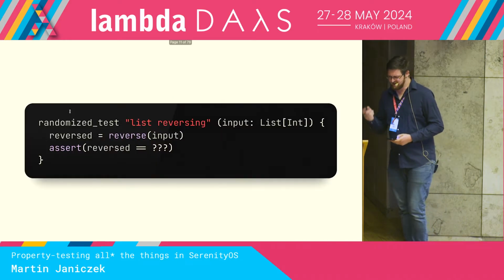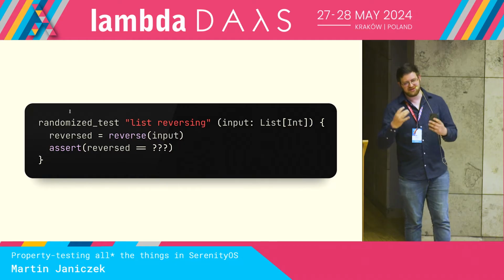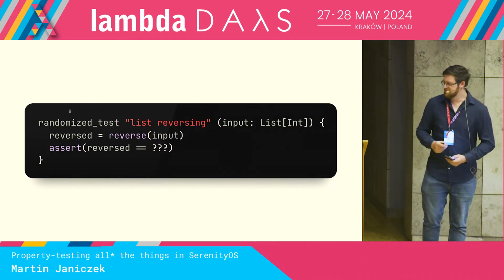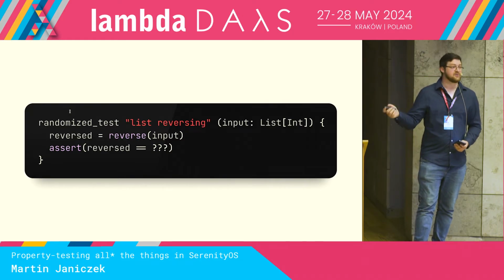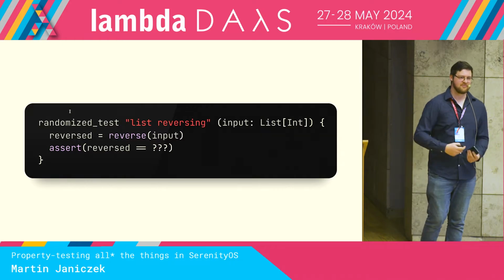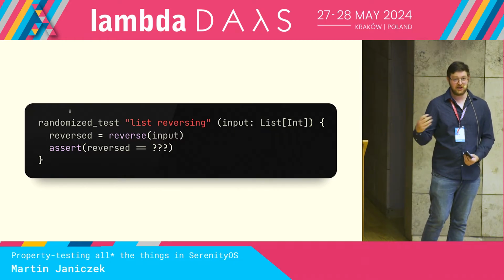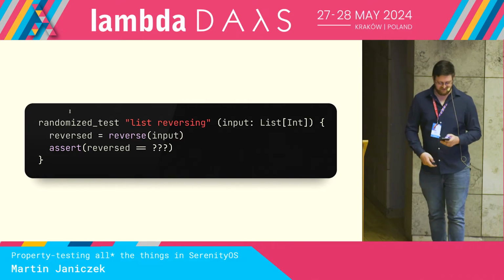For example, in our code snippet before, I couldn't have used the test shape from the unit test, because I have no idea what to put next to the equal sign, right? I cannot say the random list, once reversed, equals something. I need to do some other stuff.